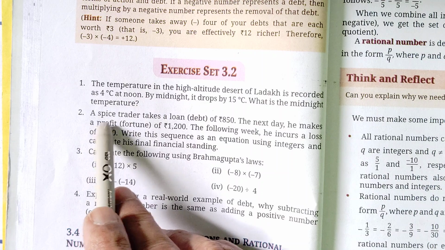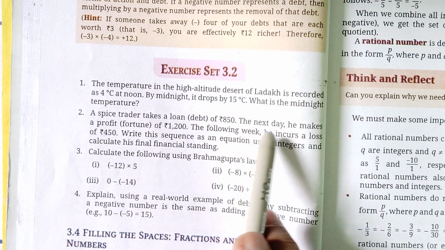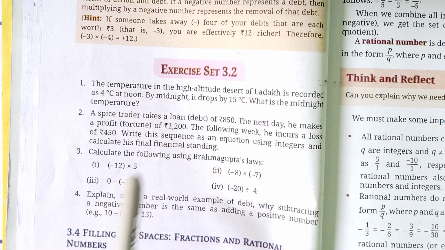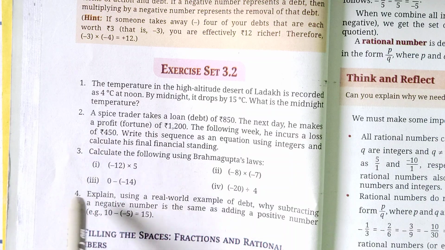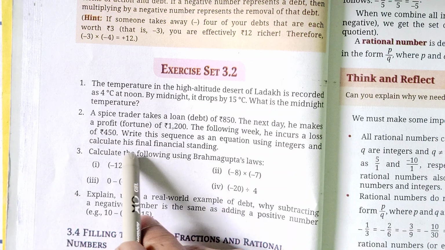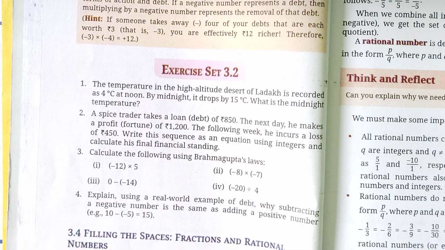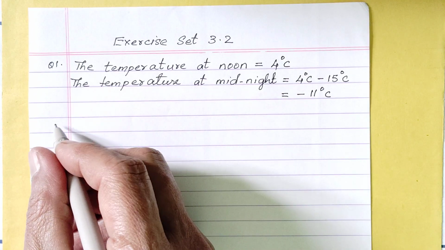So first, the trader takes a loan of rupees 850. The next day he makes a profit of 1200. The following week he incurs a loss of 450. So we have to find out his final financial standing. So question number 2.